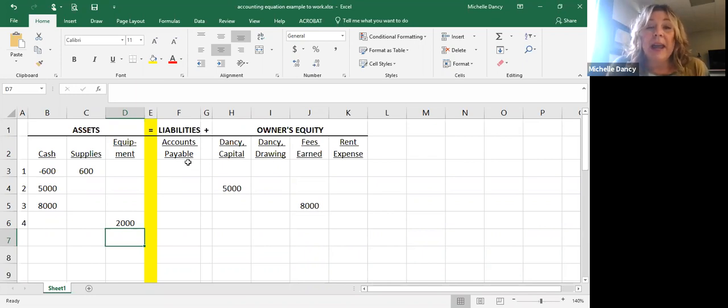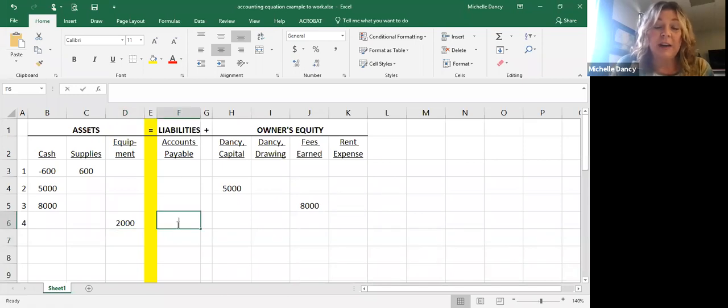So if I made a purchase on account, do I have more debt or less debt? That's right, we have more debt. So I'm going to go over here and increase accounts payable by 2,000. Still in balance? Yep. Increase this side by 2,000, increase this side by 2,000.